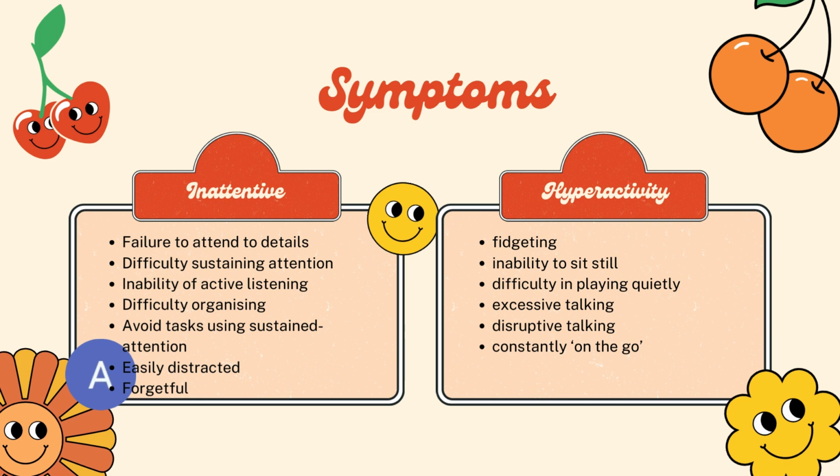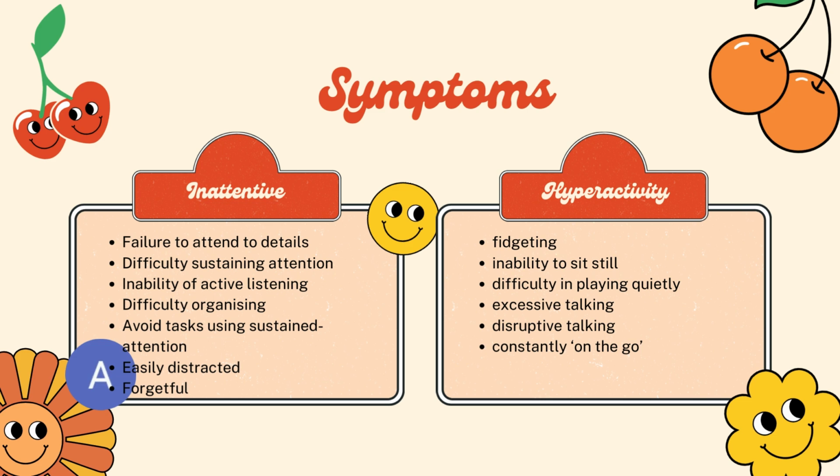So what are the differences between the symptoms of these types of ADHD? For inattention, or inattentive presentation, we will see that children have failure to attend to details. So tiny details are more difficult for them to be aware of.